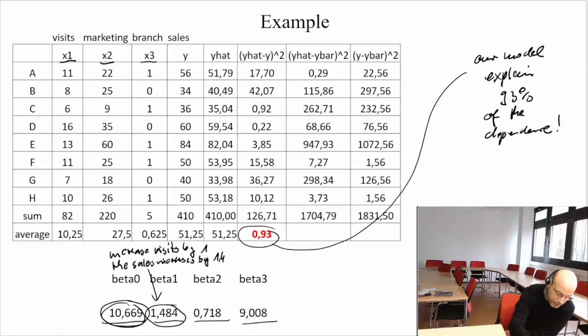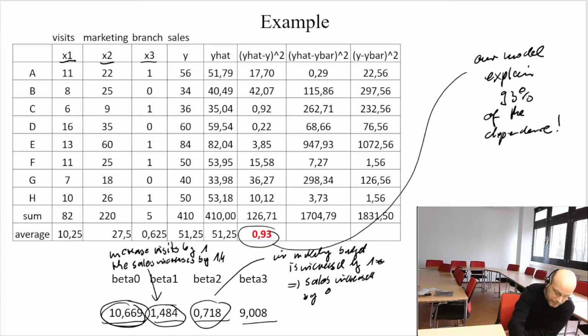And here we can interpret if marketing budget is increased by €1, then we have sales increased by 70 cents.